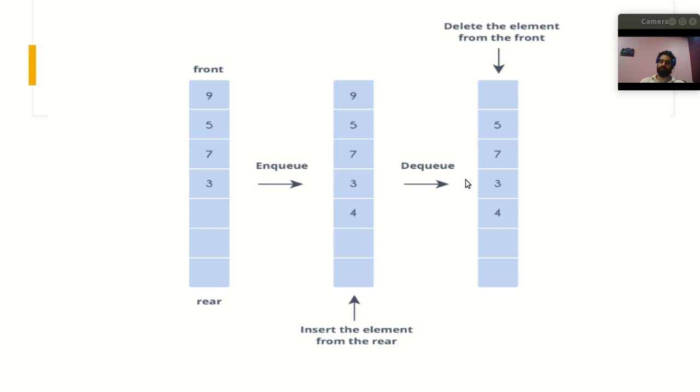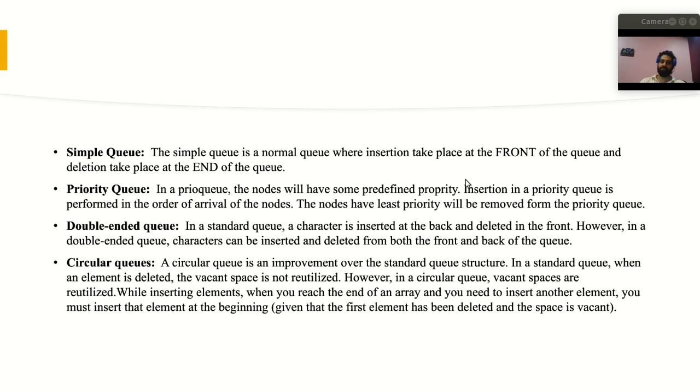It will remain empty, right? In a circular queue, the vacant spaces are reutilized. While inserting an element, when you reach the end of the array and need to insert another element, you insert it at the beginning, given that the first element has been deleted and the space is vacant, right?